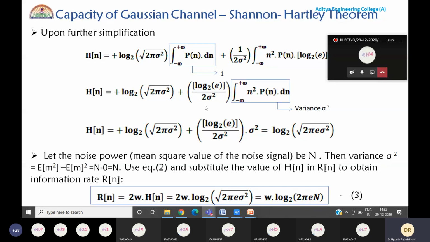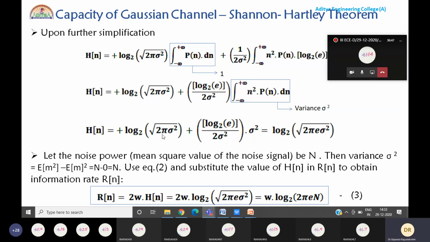If that product is taken inside the logarithm, you can consider it as log e power 1 by 2 base 2, because sigma square gets cancelled. So now what you get is, second term will be log root e plus first term is log root 2 pi sigma square base 2.